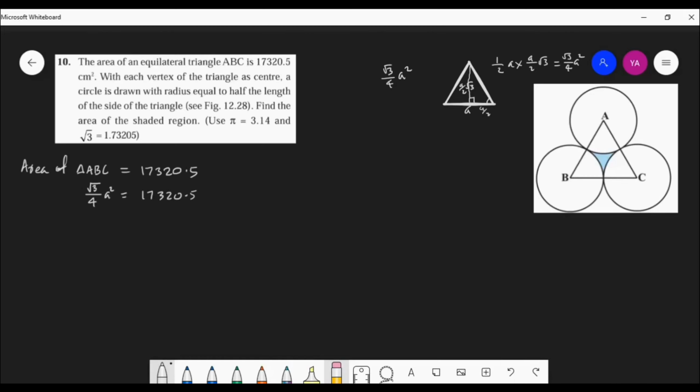So in the next step, we can move this fraction root 3 by 4 to the right side. So the 4 will come in the numerator and the root 3 will come in the denominator, right? So on the left side, it will only remain A square. So A square is equal to 17,320.5 into 4 in the numerator, divided by root 3. I think here itself we can substitute the value of root 3, 1.73205.